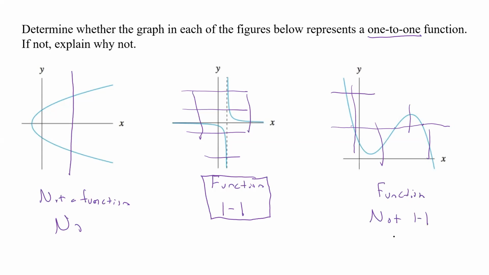It's a function, but it's not one-to-one. Okay. So that's the key thing. First, find if it's a function. If it is, then you can test to see if it's one-to-one by doing the horizontal line test. Okay. So those are the easy ones, quick and dirty. We don't actually have to do anything with those. All right, so let's stop there and we'll come back.